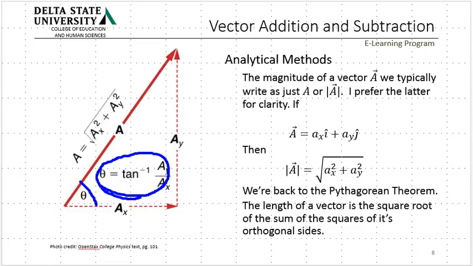I say angle with respect to x because we're taking the inverse tangent of ay over ax, and that gives us the angle with respect to x. If we take the inverse tangent of ax over ay, that'd give us the angle up here with respect to y. So the inverse tangent of ay over ax gives us that angle, and we'll talk more about the inverse tangent in a bit.